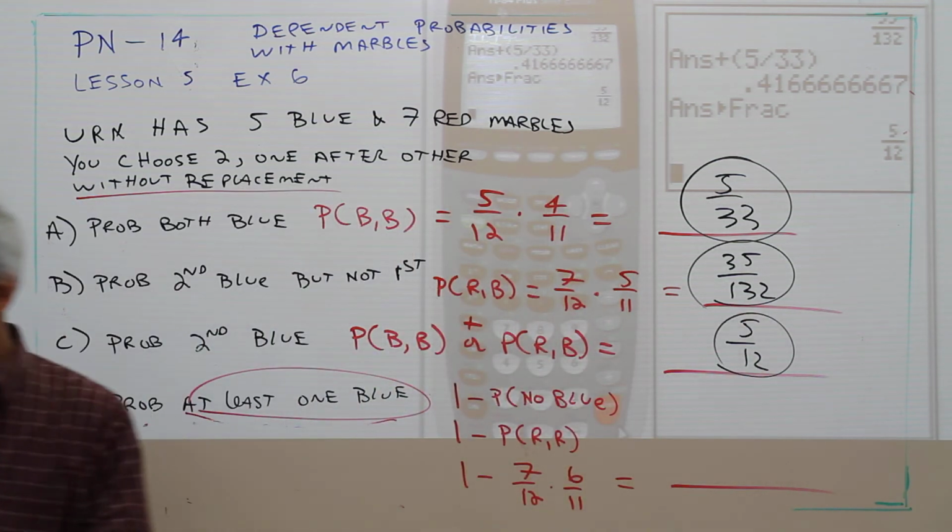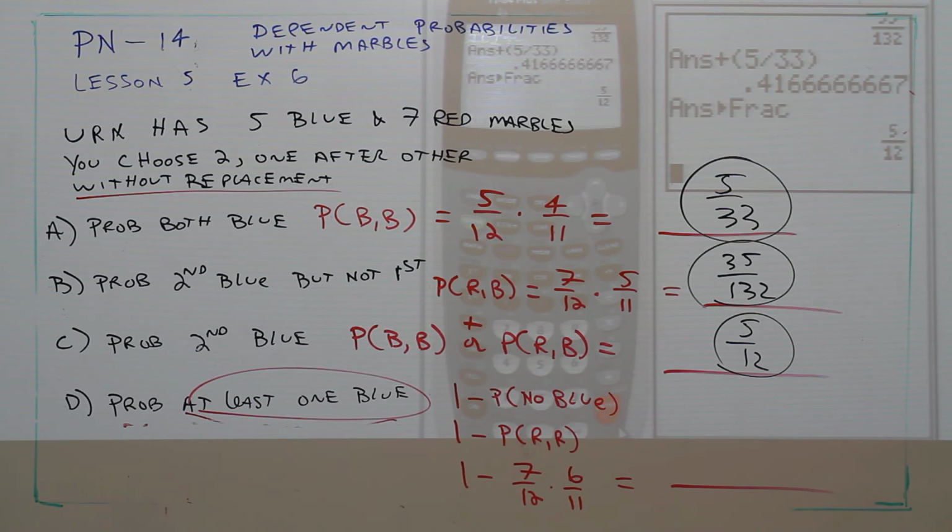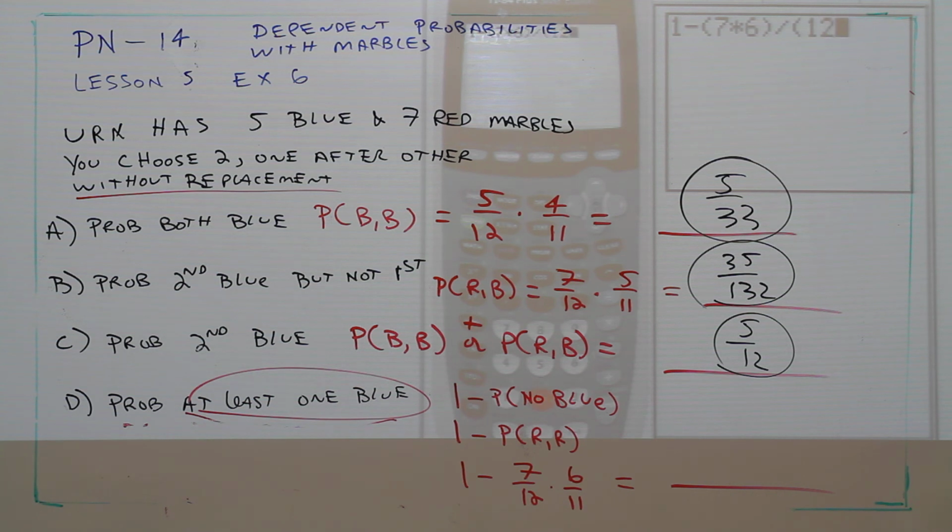And then finally, I'll clear my screen. 1 minus, I'll multiply the numerators, 7 times 6, divided by the denominators, 12 times 11. Then again, I'll go math frac. 15 over 22.